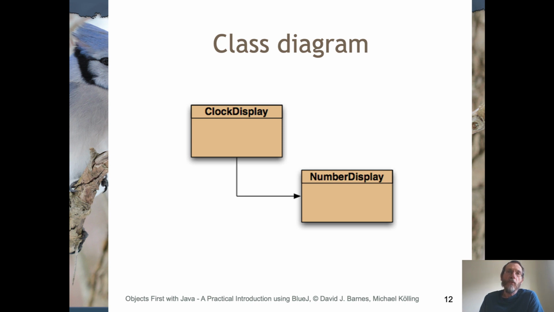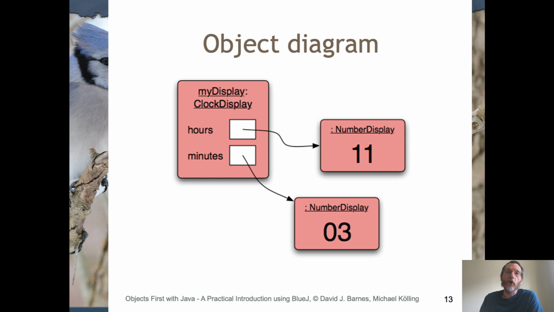So if we want to gain further insights into what's going on at runtime, in other words, get a dynamic view of the program and the relationship between these classes, then we would look to what we call an object diagram. The object diagram gives us a snapshot of what's going on at runtime inside the memory of the machine that's executing a clock display program.